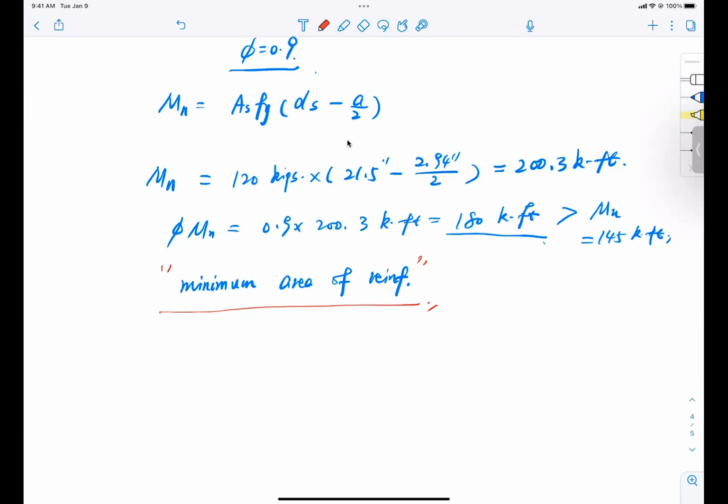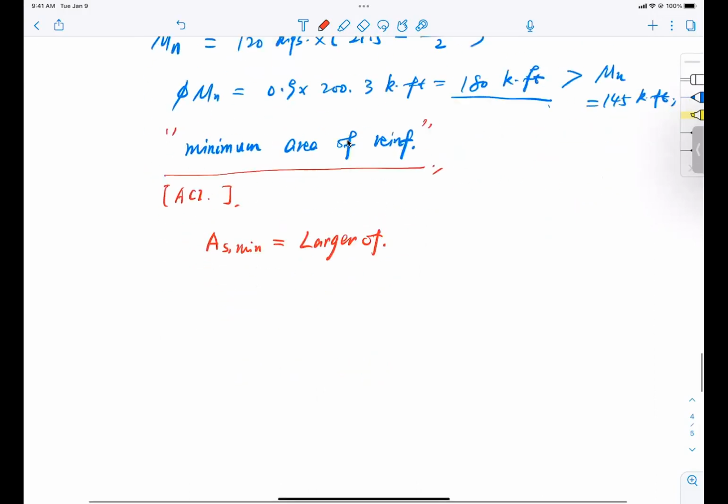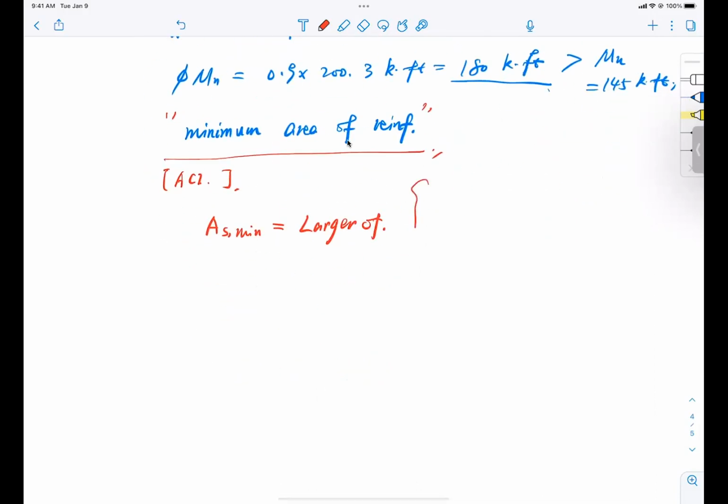So ACI says there's a minimum requirement. I can't remember the section number; I'll add it later. But I remember the equation. ACI says the minimum area of steel or reinforcement you need to put in has to be the larger of two equations.